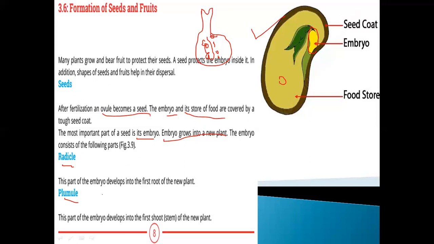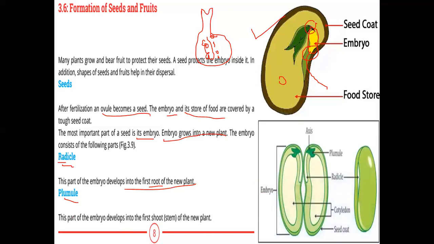This part of the embryo develops into the first root of the new plant, the radicle. Radicle starts with R and root also starts with R. So this part through which the root grows is called the radicle. And the plumule, this part of the embryo, develops into the first shoot or stem. So the embryo has two parts, radicle and plumule.